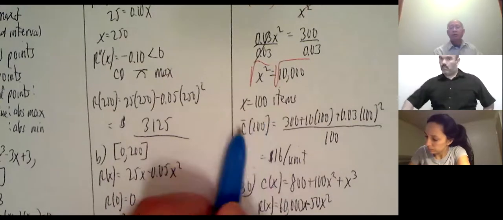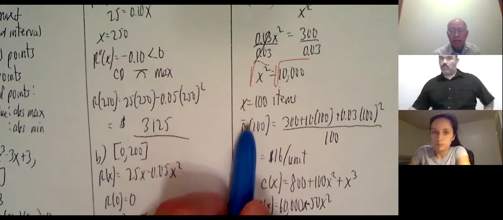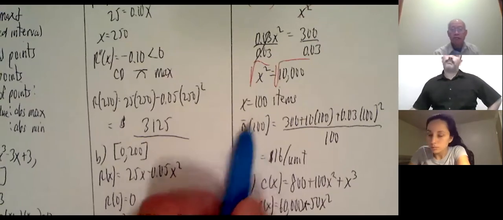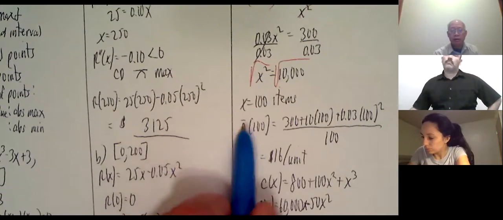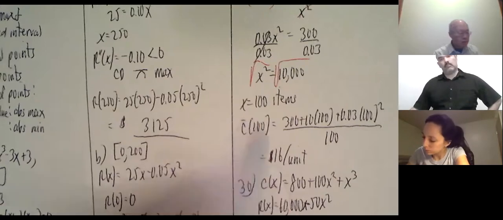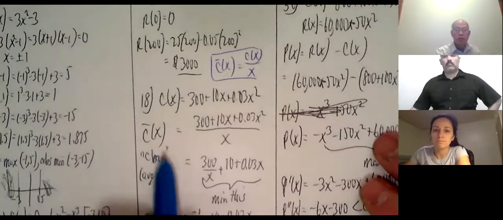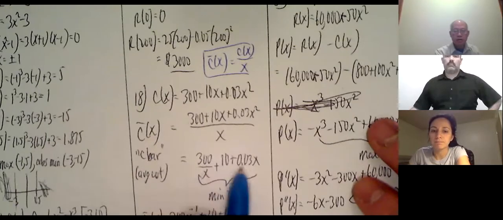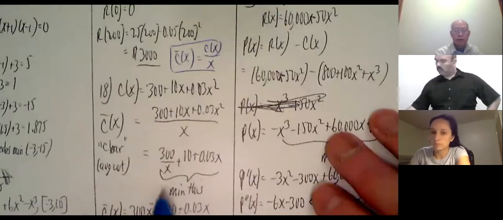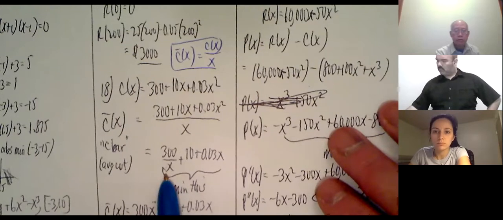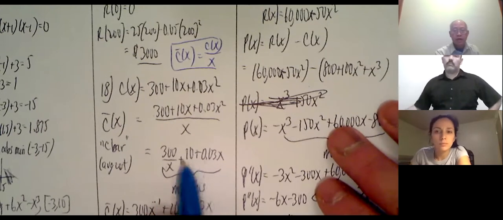Okay, now what is the minimum average cost? So I plug in 100 to C bar. The question was, what's the minimum average cost? So I plug in 100 here and here. So 300 over 100, and then plus 10 plus 0.03 times 100.